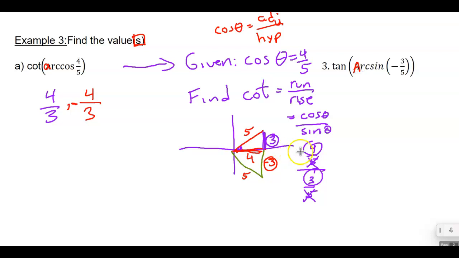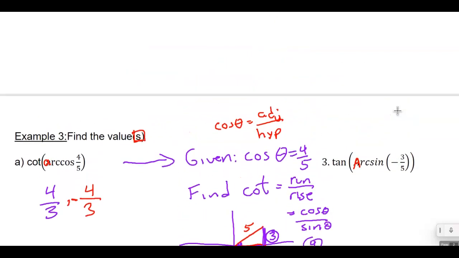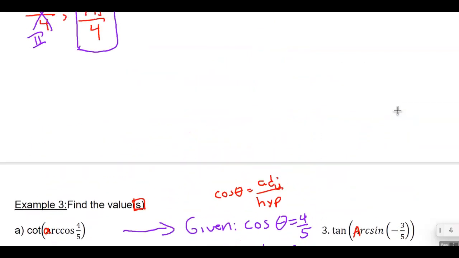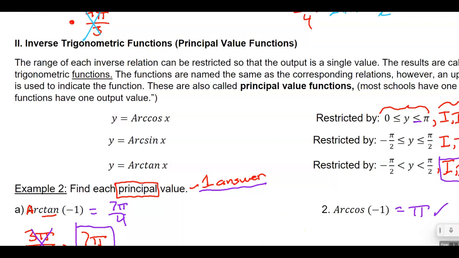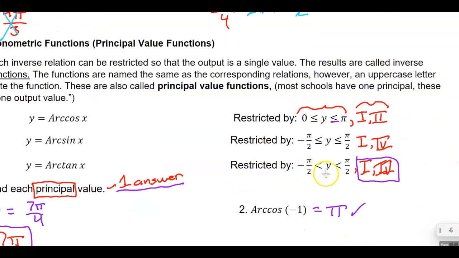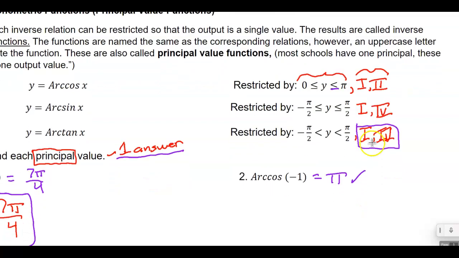We're going to deal with just the principal, right? What quadrant am I going to work with if I'm dealing with arc sine? Arc sine, 1 and 4, right? And it also says do the tangent, which is also 1 and 4.